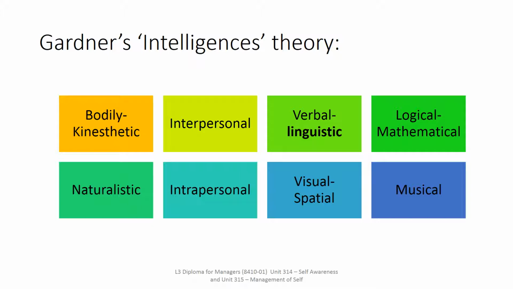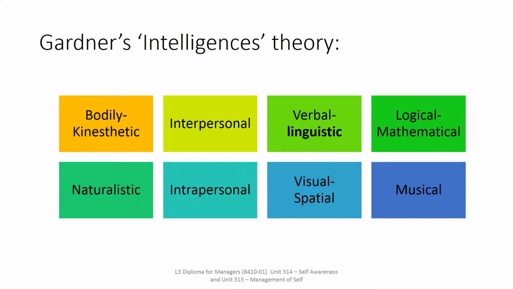And then musical are people who have a predisposition to musical notes and sounds, so they like to learn things by song, they like to be involved in music, and there were quite often people who would like to listen to music while they're doing learning.